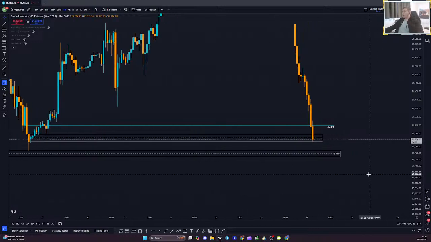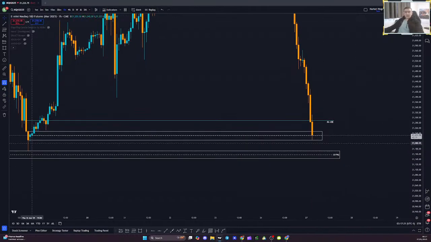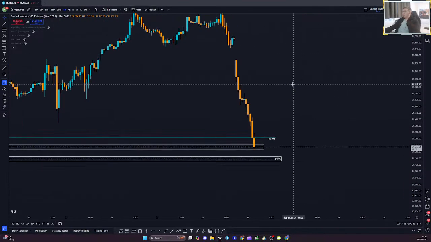If it can, what time is it? 17 past. Yes, I'm going to be watching if we can find support on this 1 hour order block and then maybe potentially go higher from here.